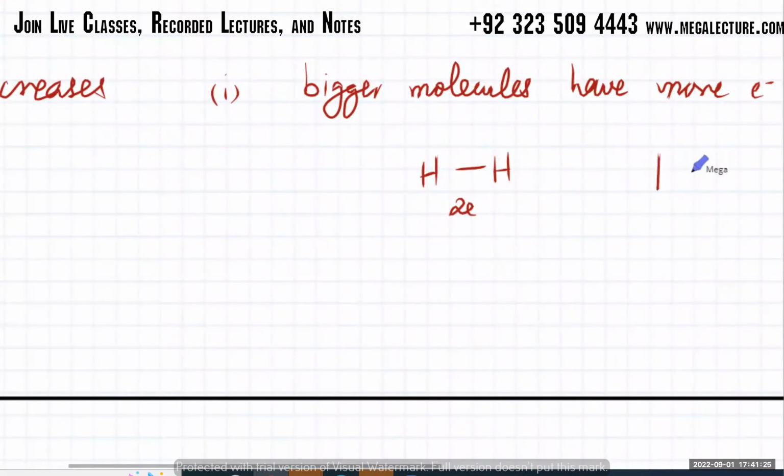But compare this to iodine. Iodine has a total of 53 plus 53, that's 106 electrons. Now imagine agar 106 electrons for a very temporary instant, they get knocked to one side. So the negative charge and the positive dipole that's going to be created because of that would be huge. यहाँ पे जो dipole create होगा ना, instantaneous dipole, that's going to be really tiny. क्योंकि 2 electrons ही एक side पे गए ना.